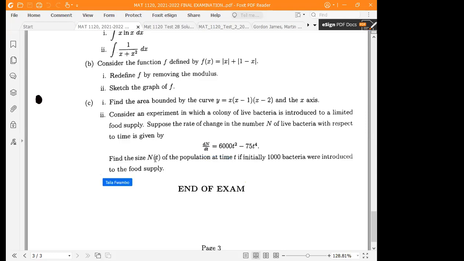Could you repeat that, please? So in the statement, the equation given is dn/dt, meaning the derivative of n with respect to t. The question says find the size n(t), meaning find n(t). Okay, thank you.